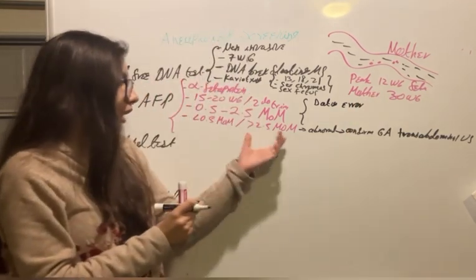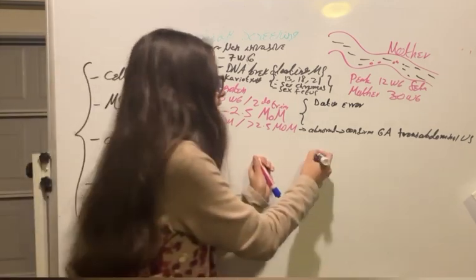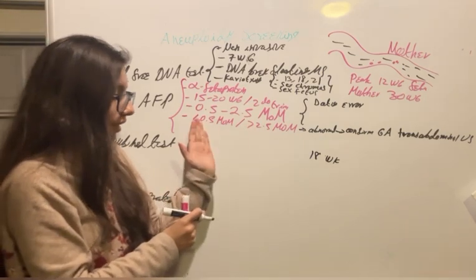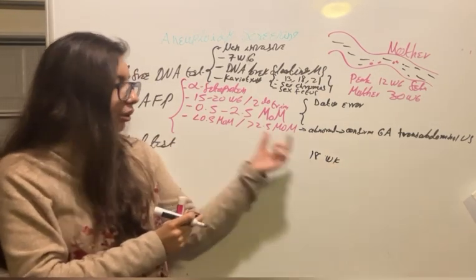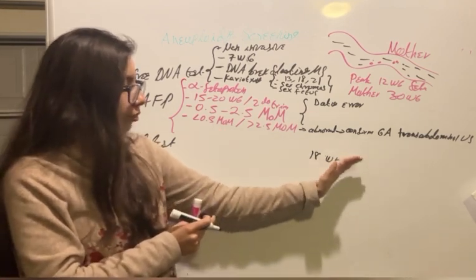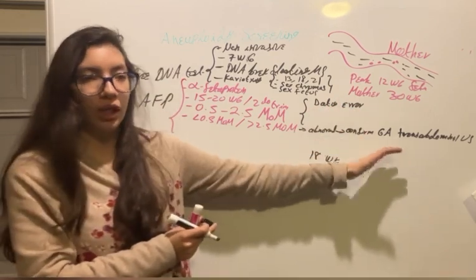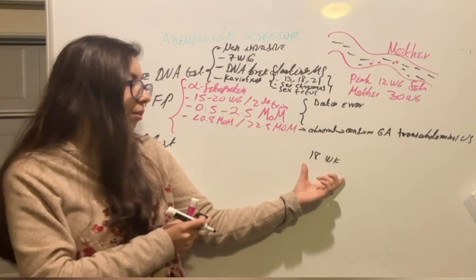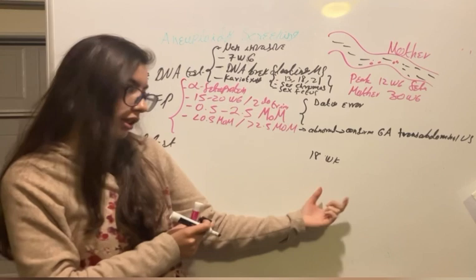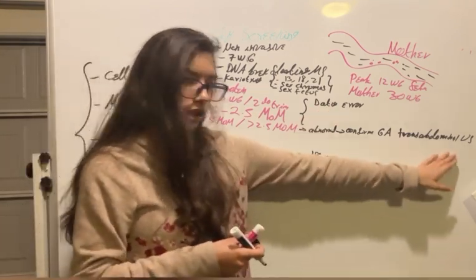So if we take the normal value, for example, at 18 weeks gestation, and the result was higher than the normal at 18 weeks gestation, that abnormal result could have been because we have a dating error, and indeed the patient is not the gestational age we are considering, which is 18, but maybe she has a greater gestational age, and so we need to correct that. How are we going to evaluate if we have a dating error? That is going to be with a transabdominal ultrasound.